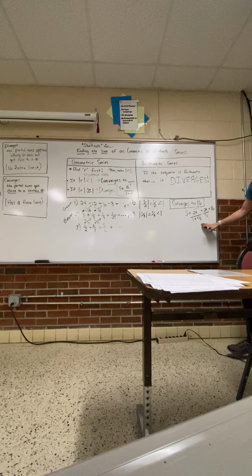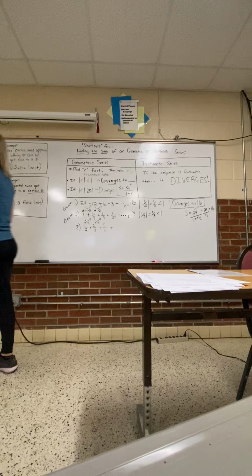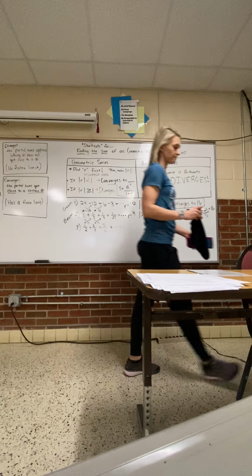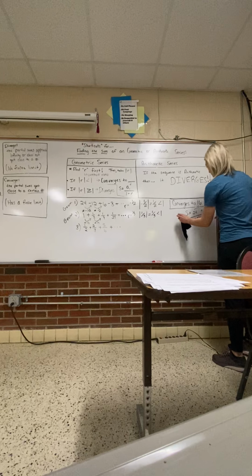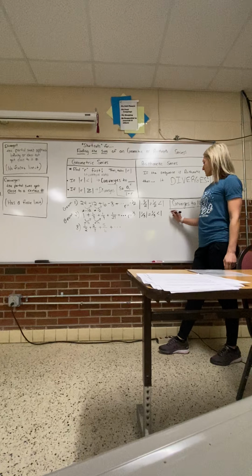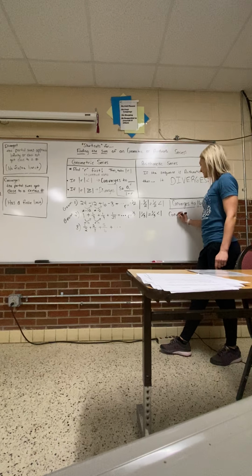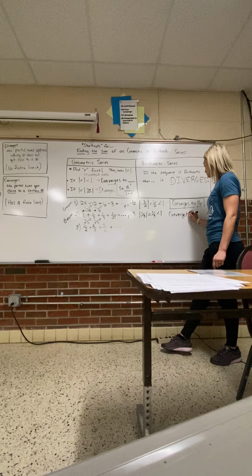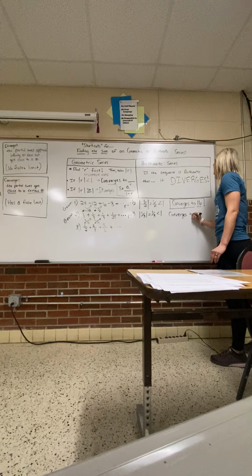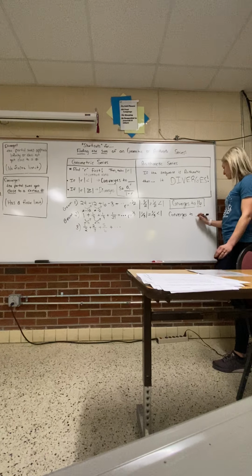So I will have to erase this. Let me grab my eraser here. Okay, so I'm going to erase this so I can do the next part. So then this means that it converges, and then I have to find that number that it converges to. What number does it get close to? So I use that same formula.